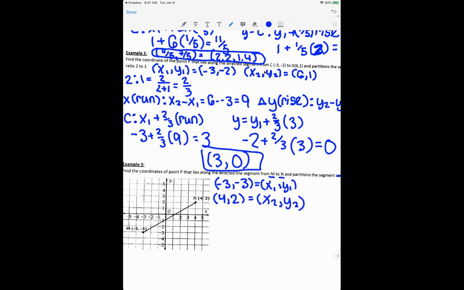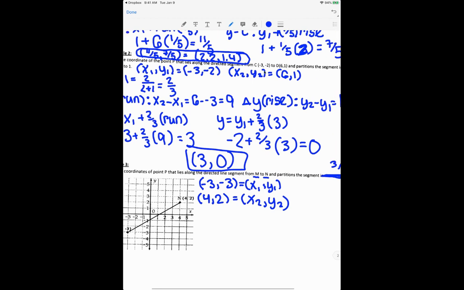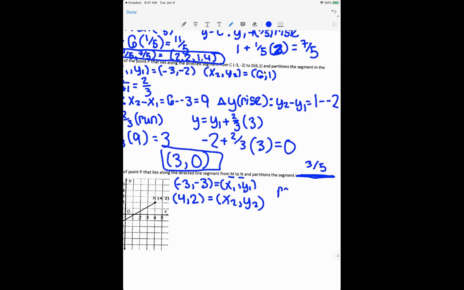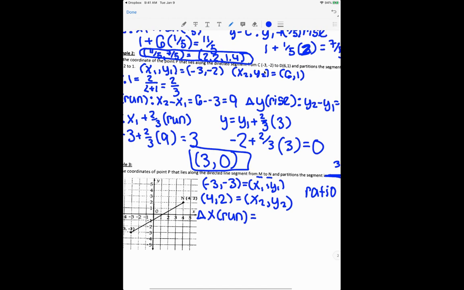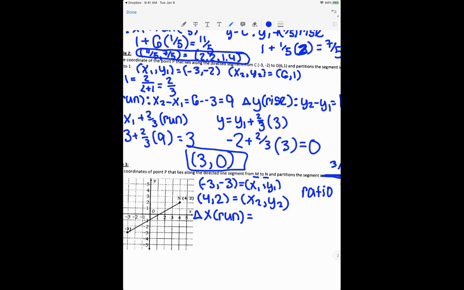Okay, our ratio, they already gave us, so we don't have to do that work. Our ratio is 3/5. So then it's just going to be exactly what we've been doing. We've got to find the change in x, or the run. Remember, that is subtracting your x coordinates, x2 minus x1. So that's 4 minus -3.